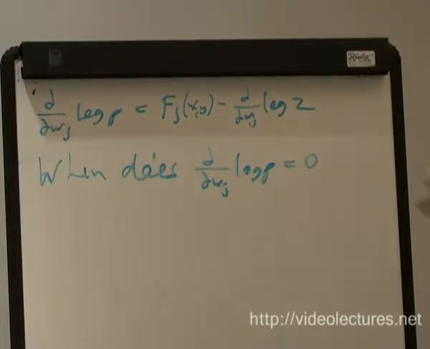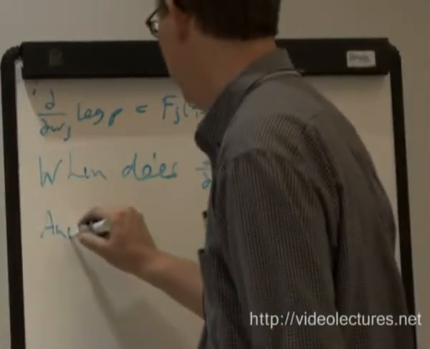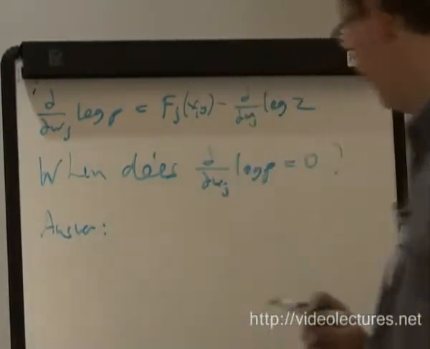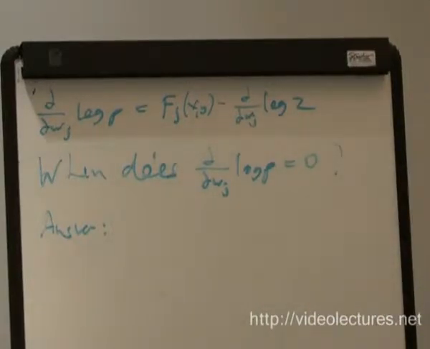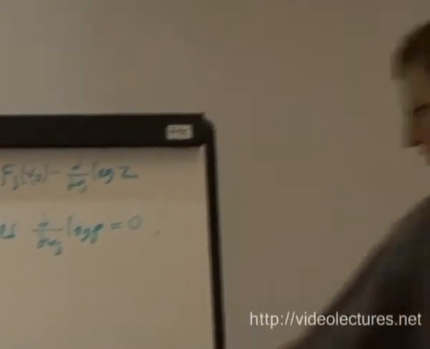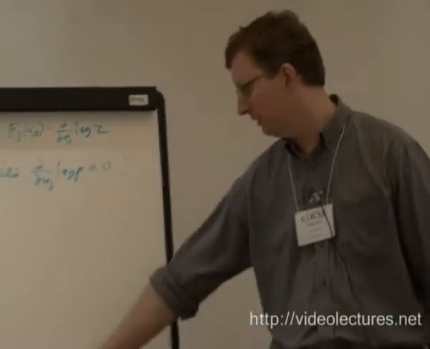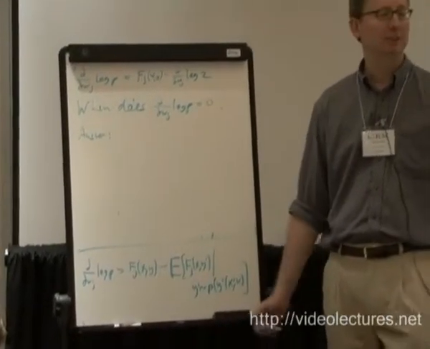And so what's the answer? Can anybody look at this and figure out an elegant way of saying the answer? When is this derivative guaranteed to equal 0?